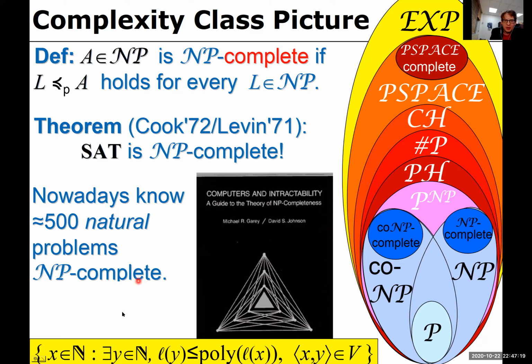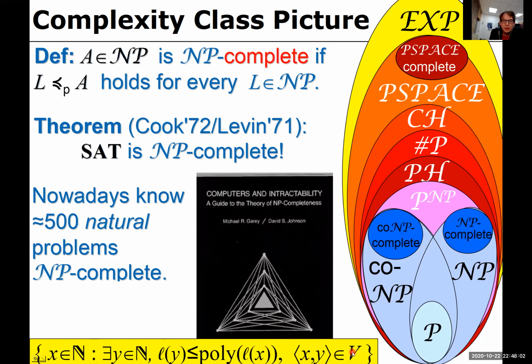For now, let me point out and remind you of this generic form of problems in NP, which have two parameters: the polynomial bound on the length of the witness in dependence on the length of the input, and the polynomial time decidable verifier V. And the Cook-Levin theorem can be understood to mean that there exists an NP-complete problem, meaning there exists such a polynomial, and there exists a polynomial time decidable verifier, such that this problem is not just in NP, but even NP-complete.